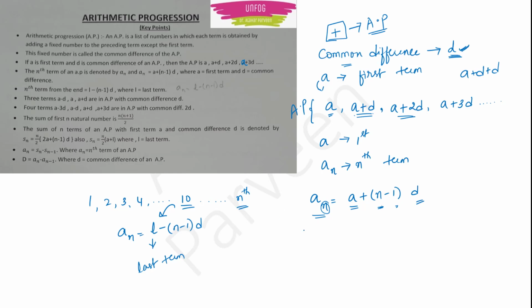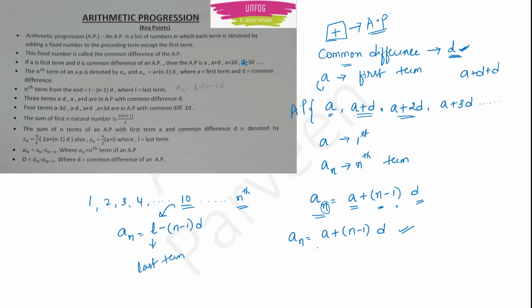So we got two formulae now. What are the two formulae we got? We have got those two formulae to find the nth term. First case is if you are given the first term and you know the common difference and you know which is the nth term you have to find. Then you can use this formula.